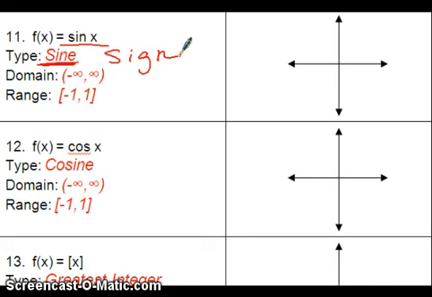Now our domain is all numbers. It's all real numbers. Our range though is negative 1 to 1. You might see we still have the brackets here, so that means this function does not have an asymptote. This function is going to actually start at the origin. It's going to curl up and then curl back down on both sides.